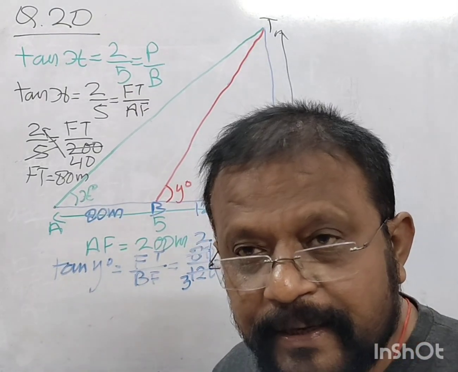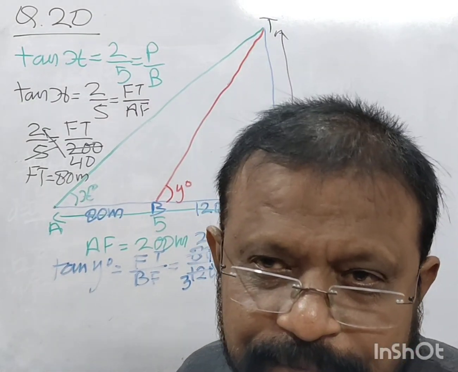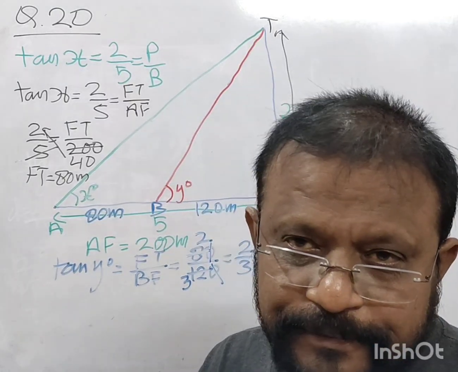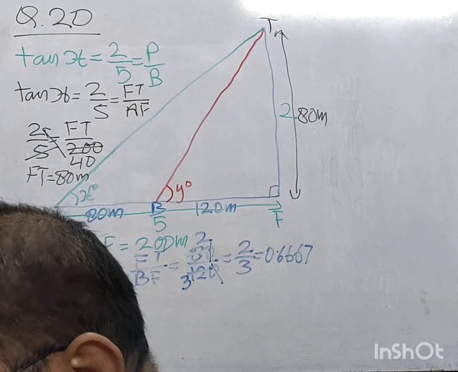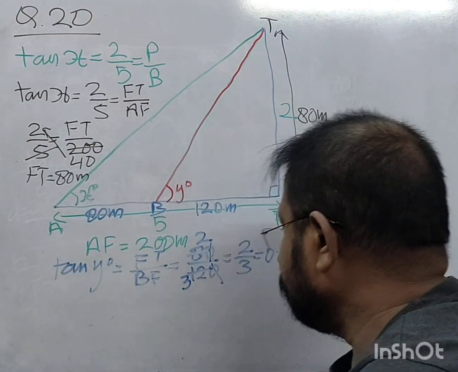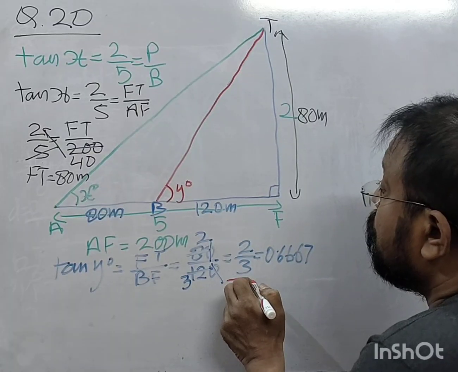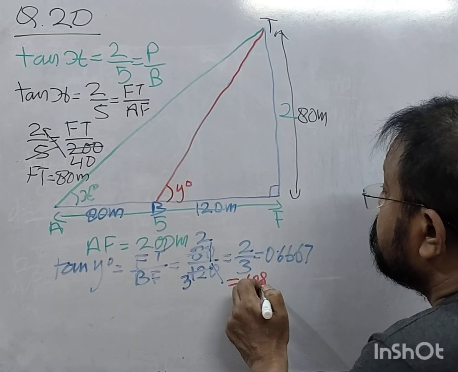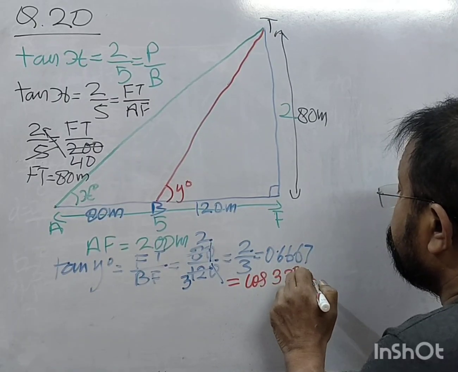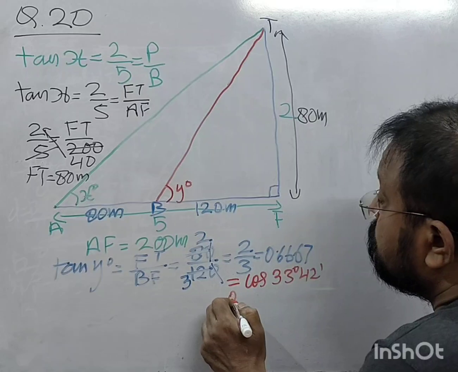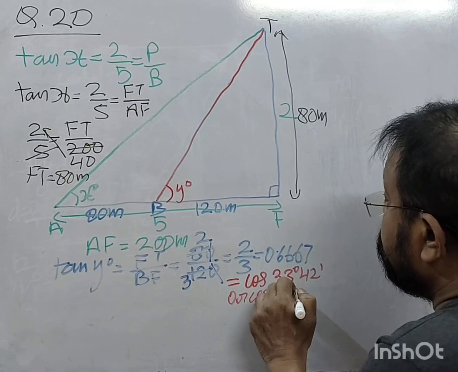We can take 33 degree 40 minutes, or we can also take 34 degree also. ठीक है? So this will be cos 33 degree 42 minutes, or cos 34 degree.